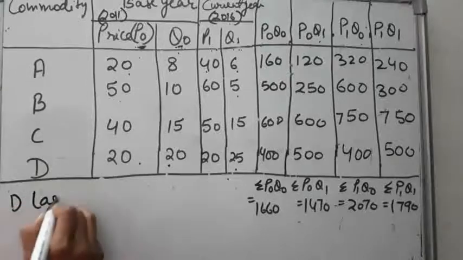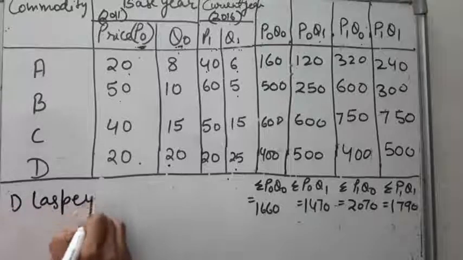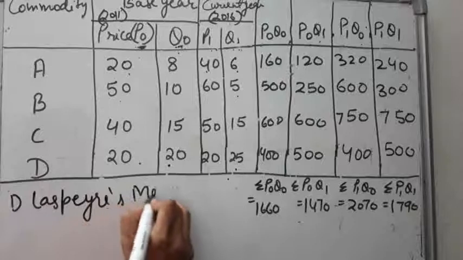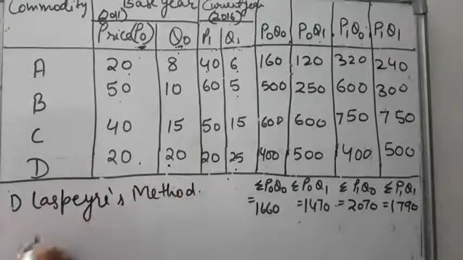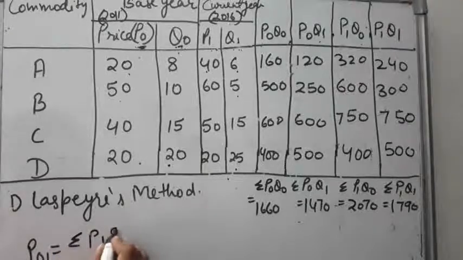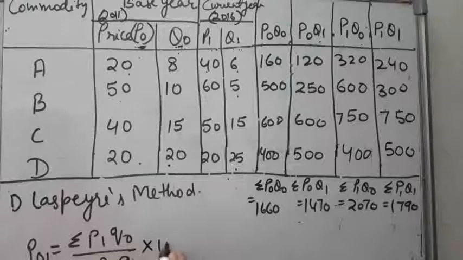First of all, the Laspeyres method. We will apply this formula. Our formula is P01 equals summation of P1 Q0 divided by summation of P0 Q0, multiplied by 100.